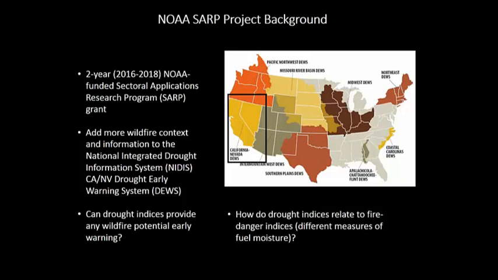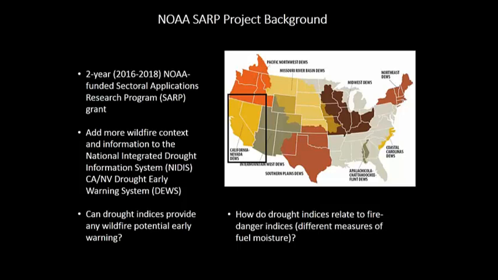And we got that extension to spend a little bit more time with some of the stakeholders, which I'll talk about. And the main goal of this was to get more wildfire context into these NIDIS drought early warning systems. And so this map shows the different drought early warning systems. The California one started in 2010, and Nevada was kind of left out. There was just this hole on the map where Nevada wasn't part of any of these DEWS.